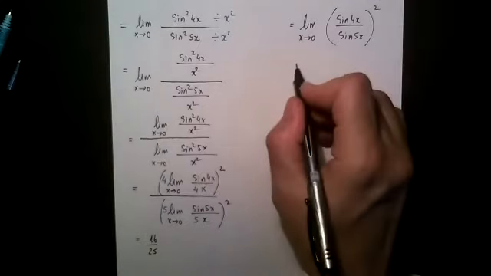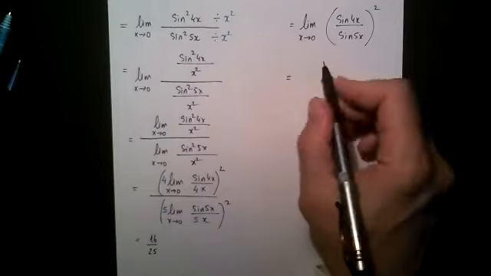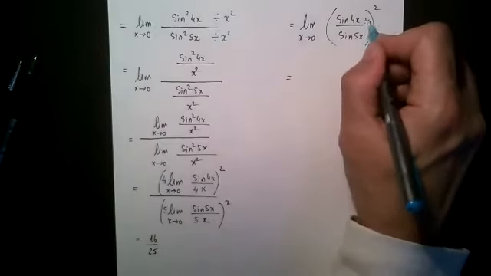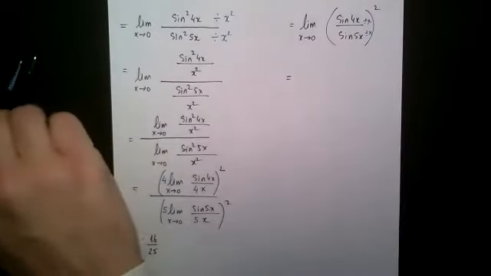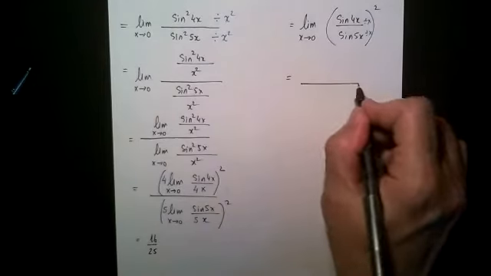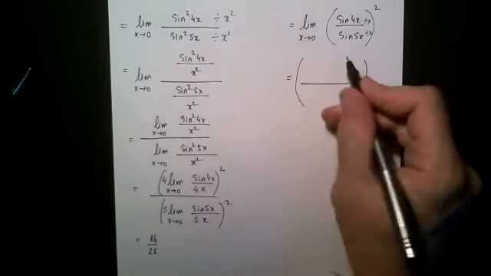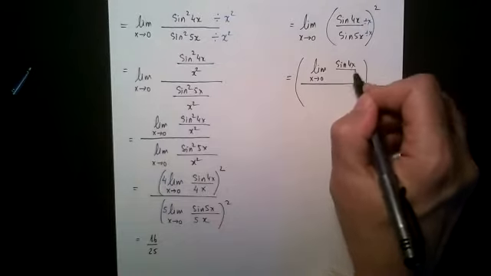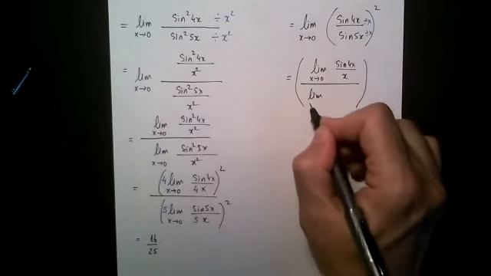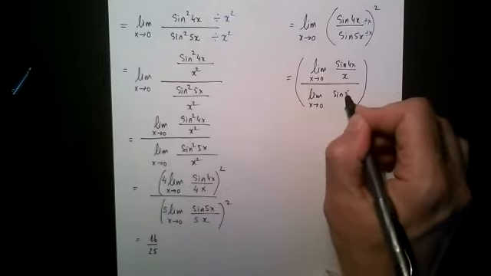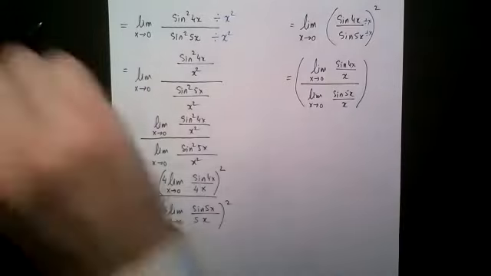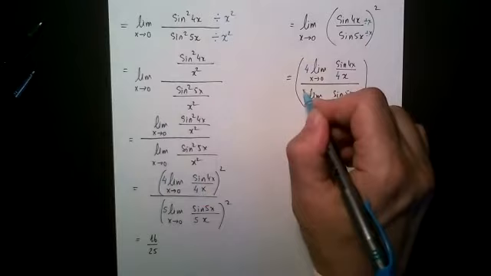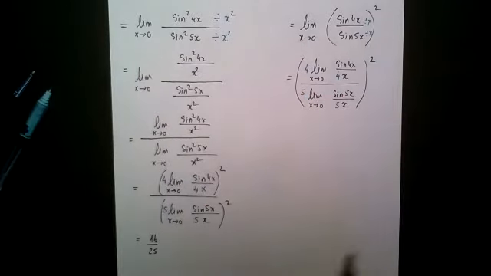Okay, and while you copy, I'm going to do the second way here. Of course, inside now I'm going to divide by x. So the limit as x approaches 0 of sine 4x over x, and on the bottom the limit as x approaches 0 of sine 5x over x, times 4 times 4 times 5 times 5, all of that squared.